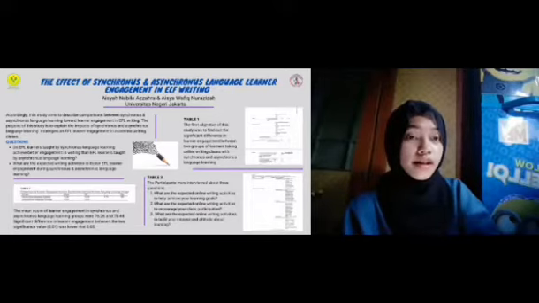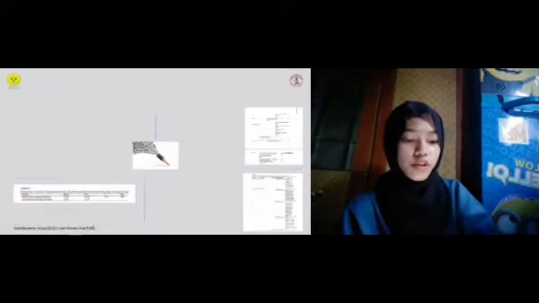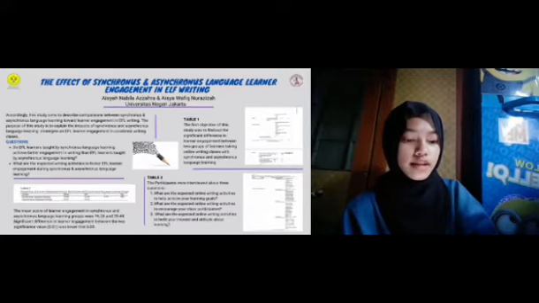The quantitative analysis was conducted through the SPSS 22 program to reveal the effect of the two modes of online learning on learner engagement. A thematic analysis was employed to describe the learners' views.